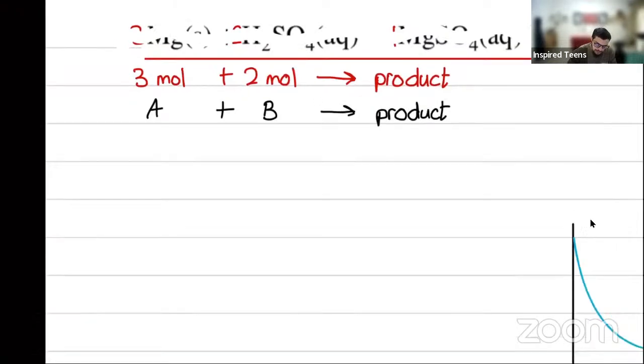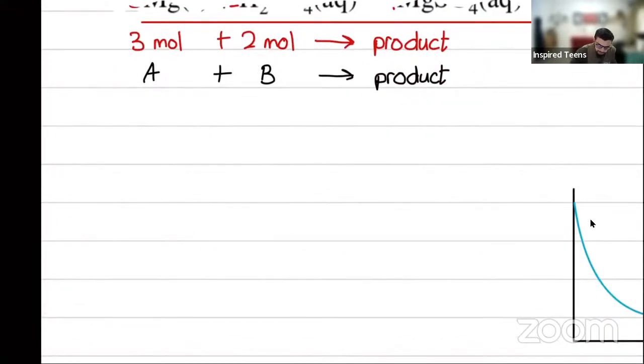So what happens if I bring 15 moles of A and I add it with 14 moles of B?